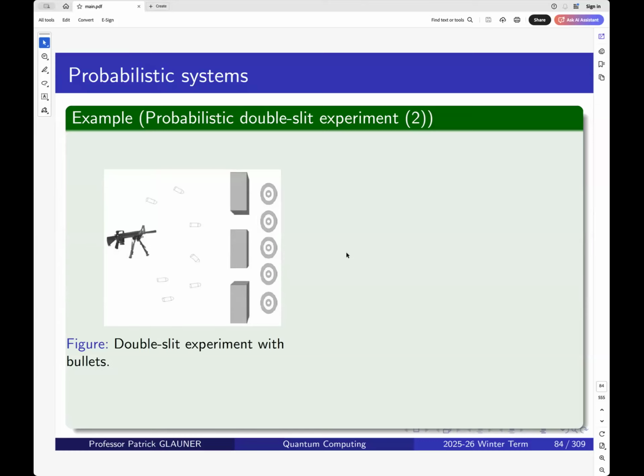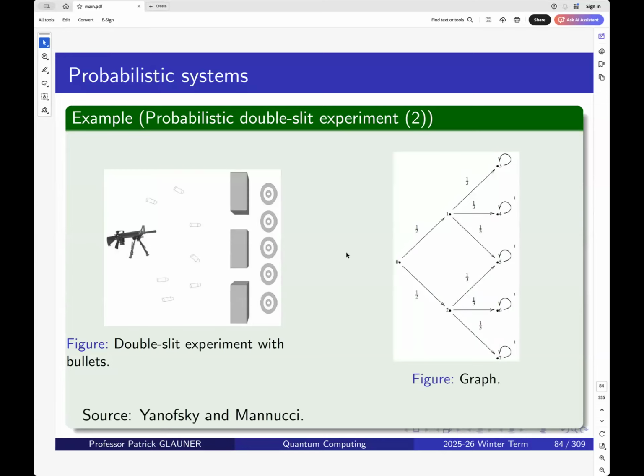This is a simplification of the real or the quantum double slit experiment, but we will start with a probabilistic double slit experiment just to evolve step by step, and for those who have not seen it before, that you become more comfortable.